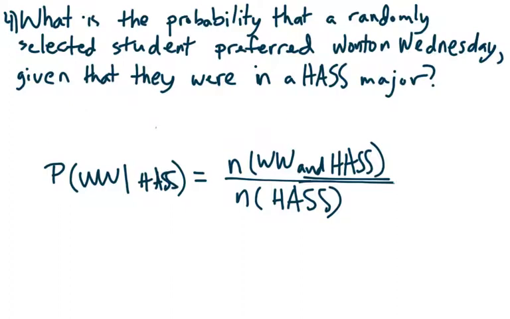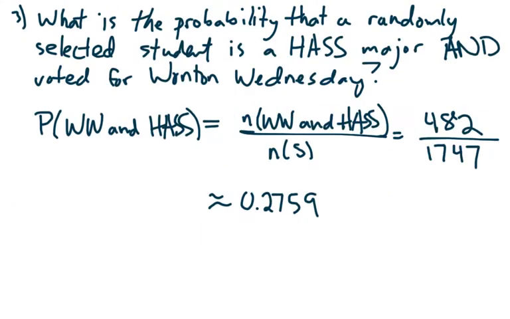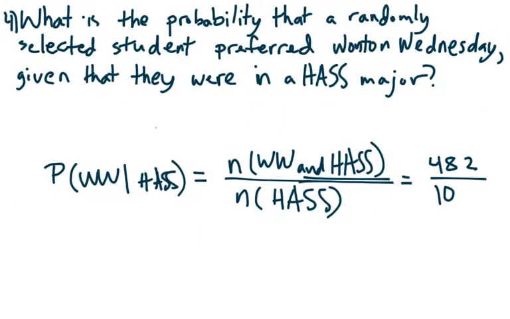So how many people preferred Wonton Wednesday and were in the Haas division? Well, that was 482. How many people were Haas majors altogether? That was 1,000, right? So we've got 482 out of 1,000. That should be pretty easy to divide. So this is the probability of Wonton Wednesday preference given that the student was a Haas major.